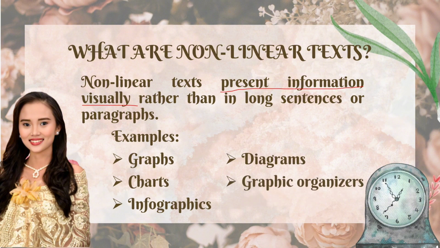Unlike stories or essays that you read from top to bottom, nonlinear texts allow our eyes to move in many directions. You can see patterns, comparisons, timelines, and relationships instantly. These visuals are common in textbooks, newspapers, social media, and research.